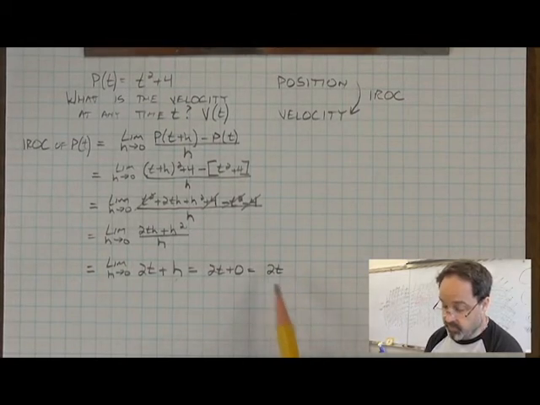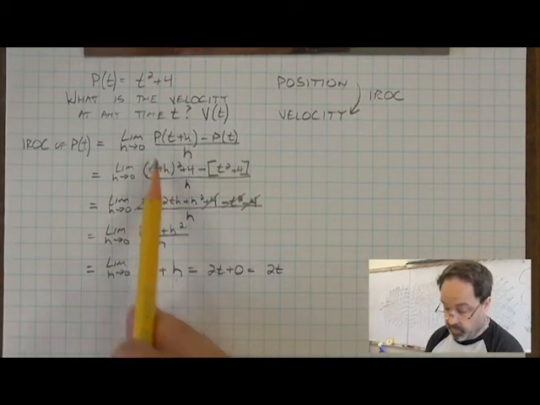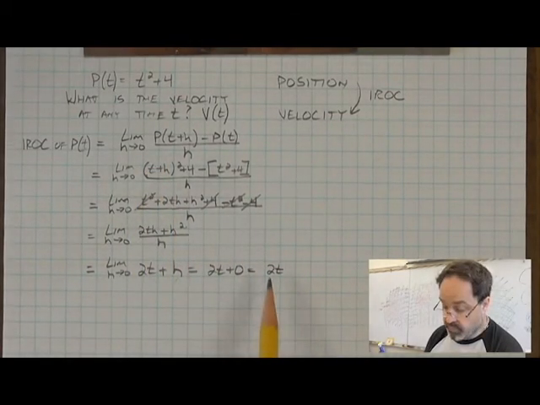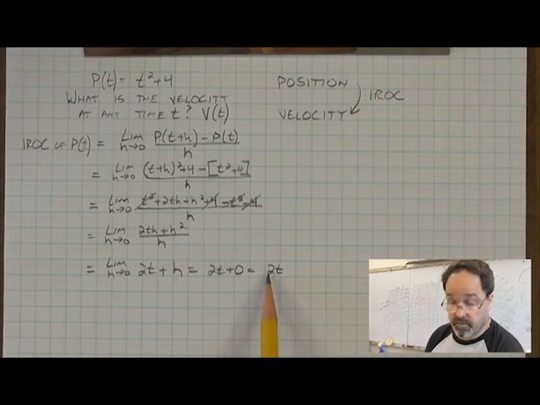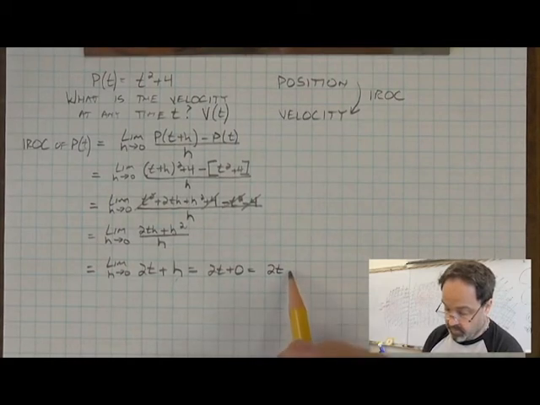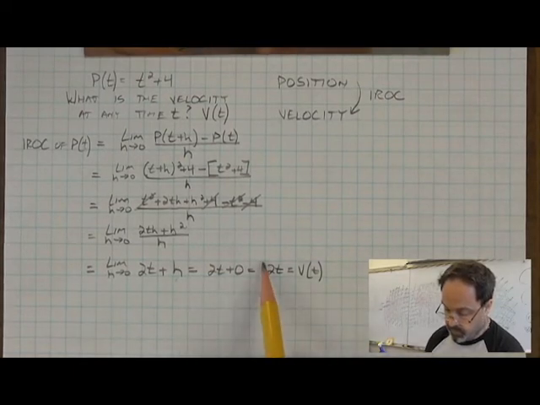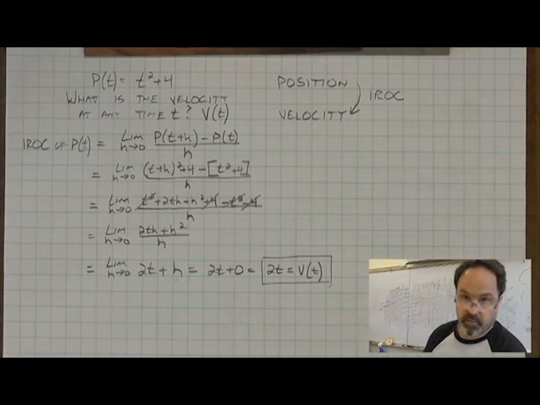That's because I never had, from the beginning, a value for t to replace t. So this 2t is a function to find the velocity at any time t. This here is equal to the velocity at time t. And that's the prize. Let's use it.